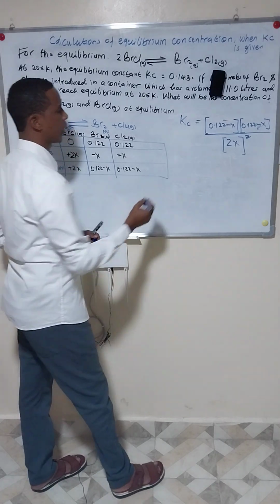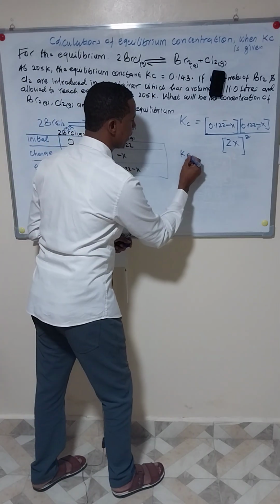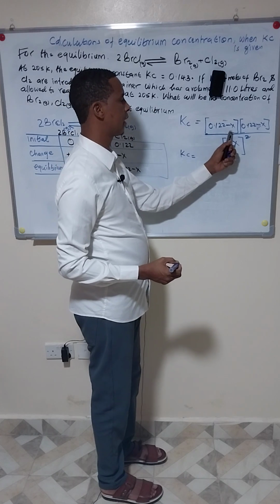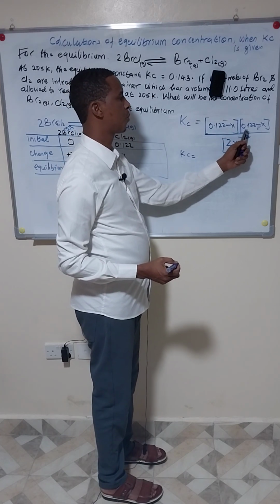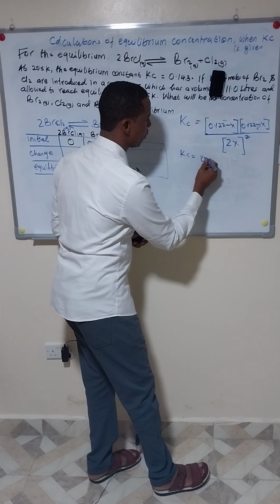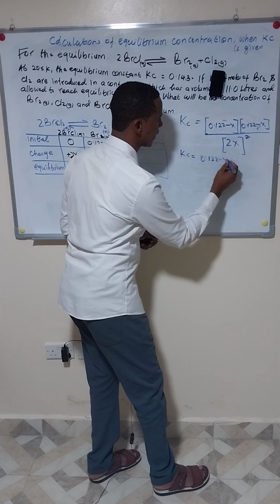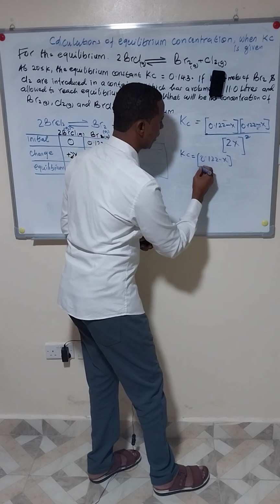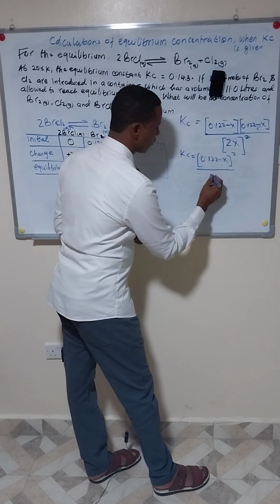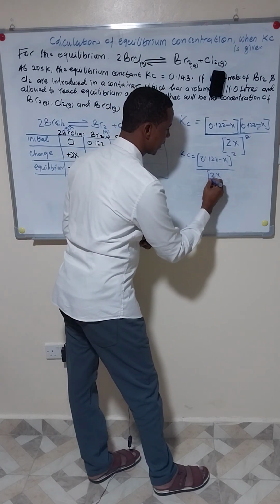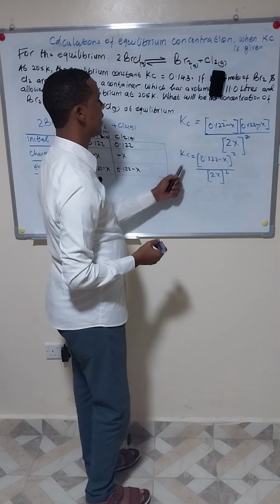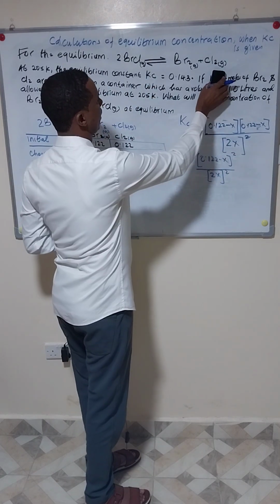So Kc is equal to 0.122 minus x times 0.122 minus x, which simply means 0.122 minus x all squared, all over 2x squared.